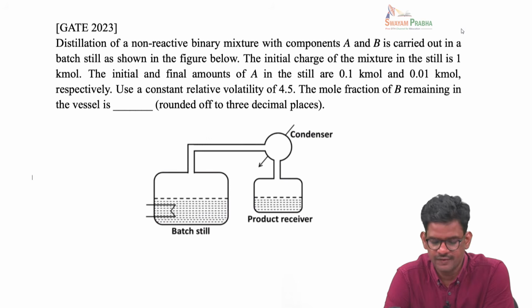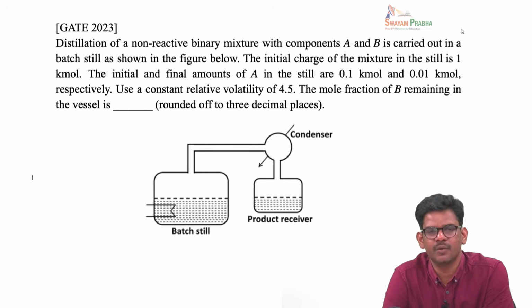The initial and final amounts of A in the still are 0.1 kilomole and 0.01 kilomole respectively. Use a constant relative volatility of 4.5, and the mole fraction of B remaining in the vessel is. So, we need to find what is the mole fraction of B in the residue.